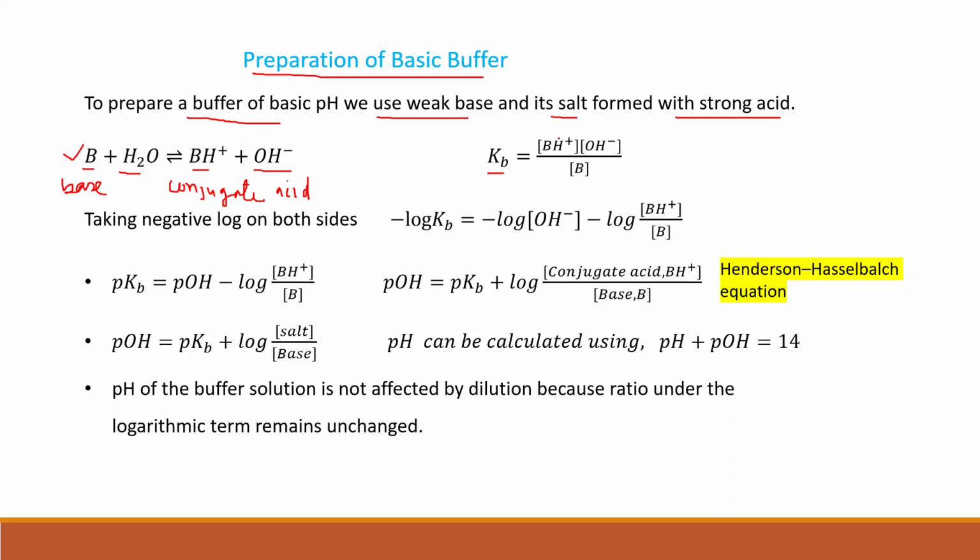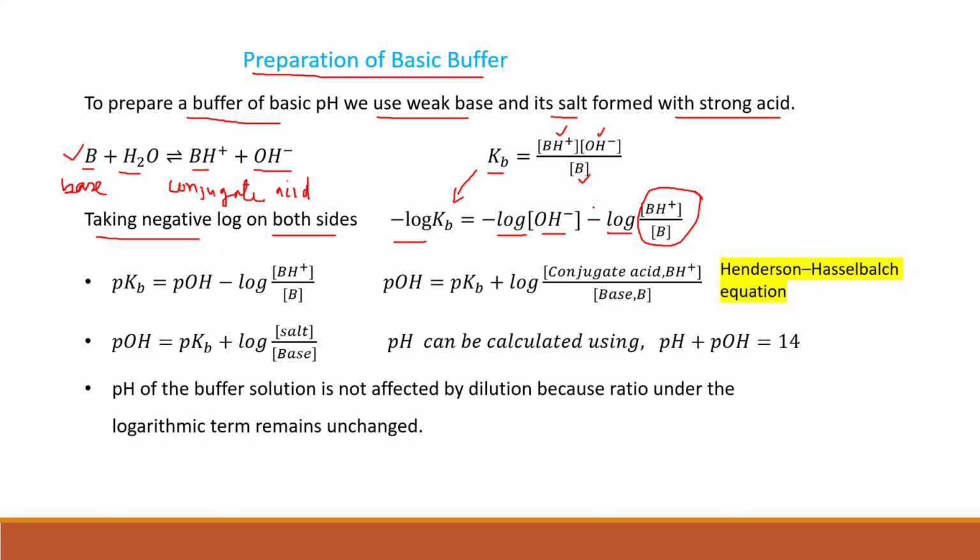Now for this equation, we can write Kb, the base dissociation constant. Kb is equal to the concentration of conjugate acid multiplied by the concentration of hydroxyl ion divided by the concentration of base. Now again, taking negative log on both sides, we get minus log Kb is equal to minus log of hydroxyl ion concentration minus log of the ratio of these concentrations.